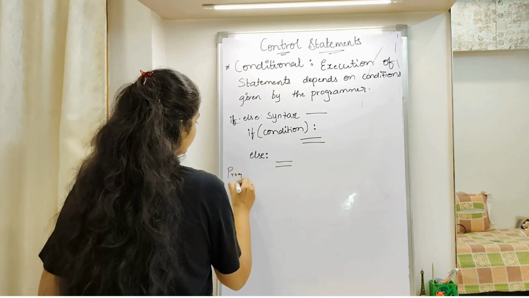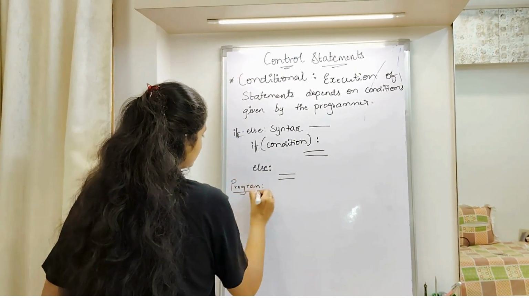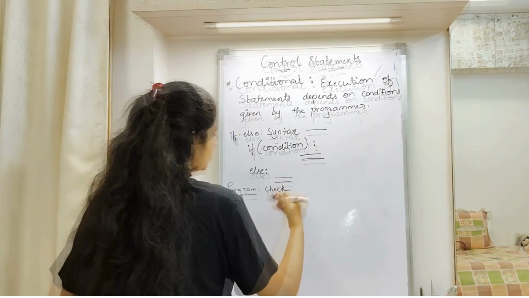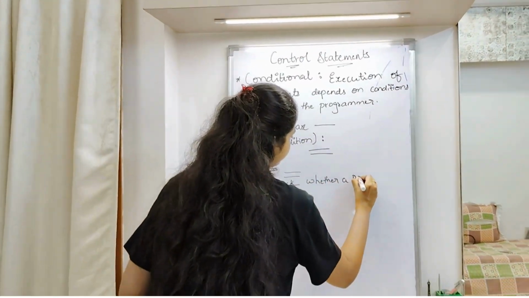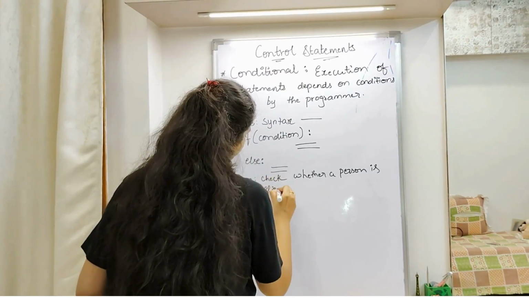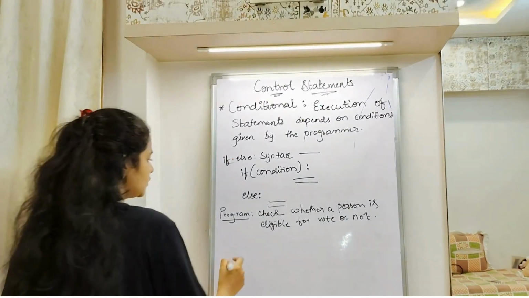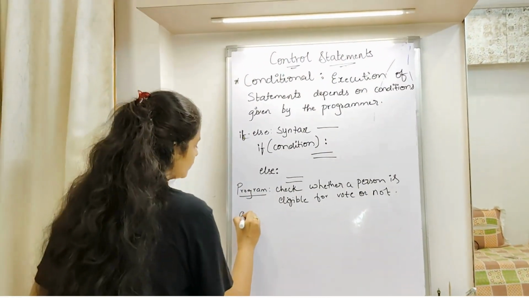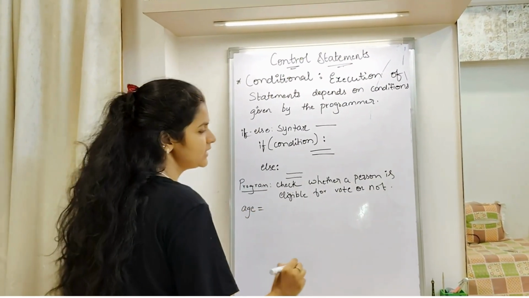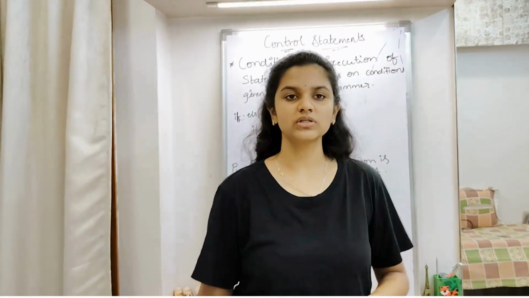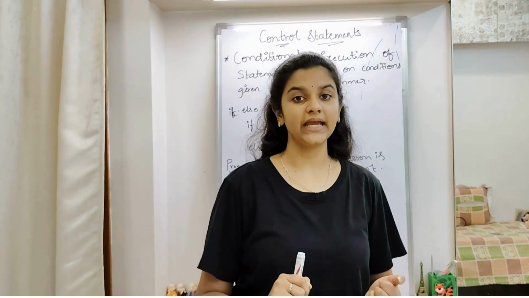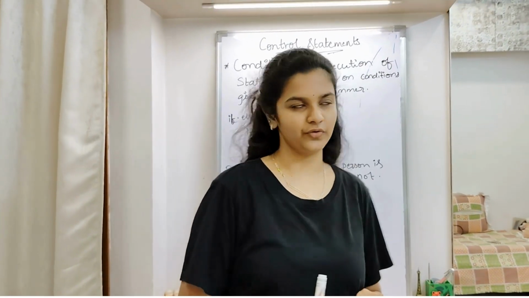So there is a program, I will give you a question. Check whether a person is eligible to vote. I am taking a dynamic input, age. What is the condition for vote? If a person is equal to or greater than 18 years of age, he is eligible to vote.